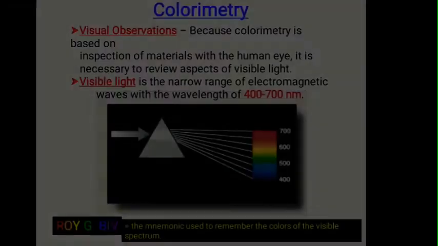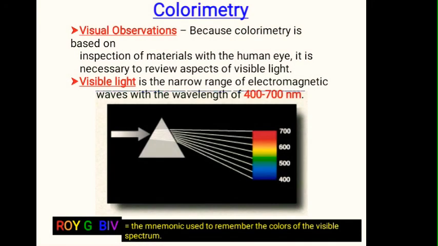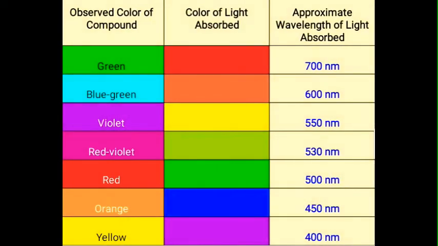Now come to colorimetry. Visual observation, which we can see with the naked eye, of the colored compound: green color, blue color, red color, yellow color, violet color, and so on.